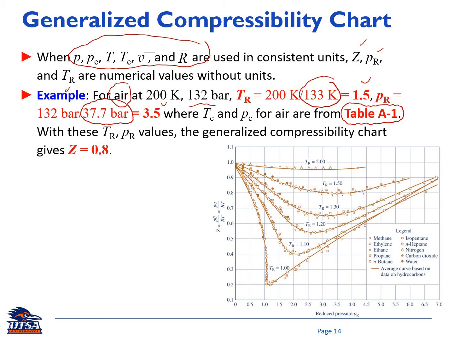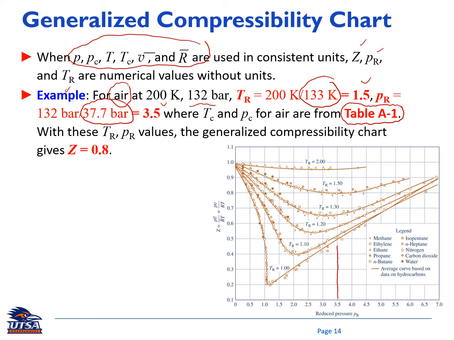With these two numbers, now you can use the chart here to get the value of Z. So I have PR equal to 3.5, so it's somewhere here, and then TR 1.5.